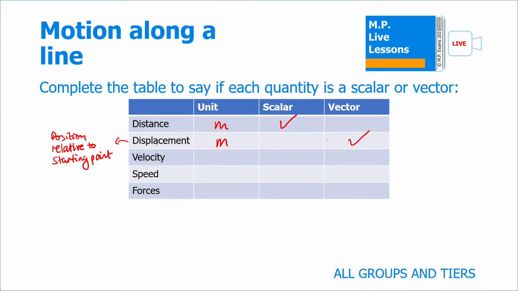Velocity is measured in meters per second, and that's a vector. Speed is also measured in meters per second, and that's also a vector. And lastly, that's actually a scalar, and forces are measured in newtons and is a vector.